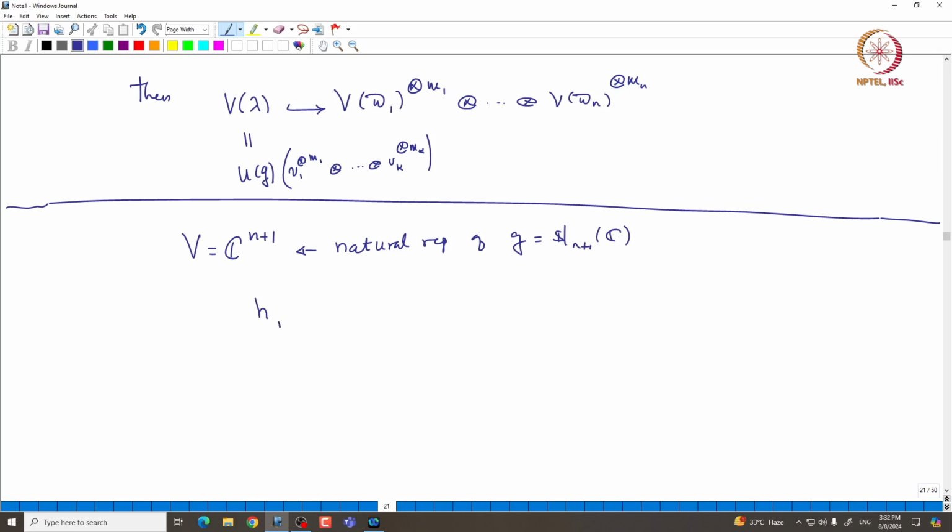So, H_i acting on this e_1 is going to be exactly epsilon_1 of H_i times e_1. If you think about it, it is exactly omega_1 of H_i times e_1. Okay. And obviously, x e_1 is 0 for all x coming from n^+, because n^+ consists of strictly upper triangular matrices. So, if you act on e_1, it is going to be 0.